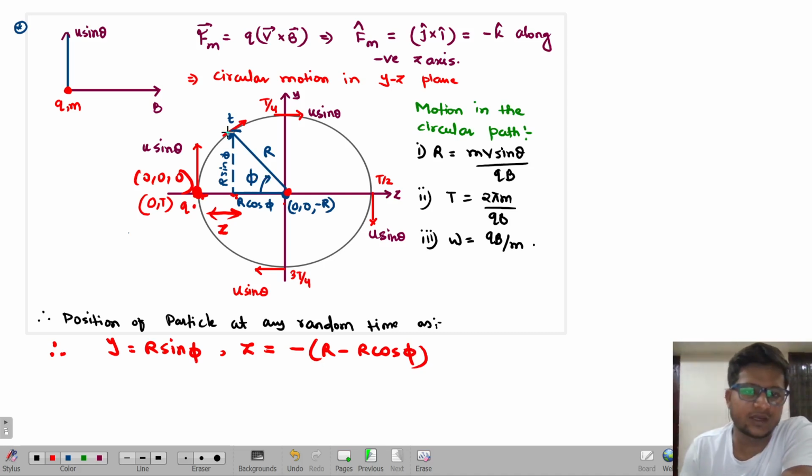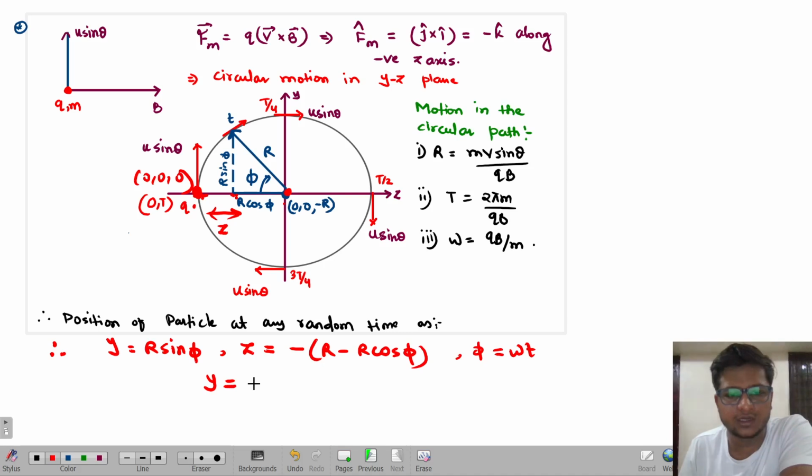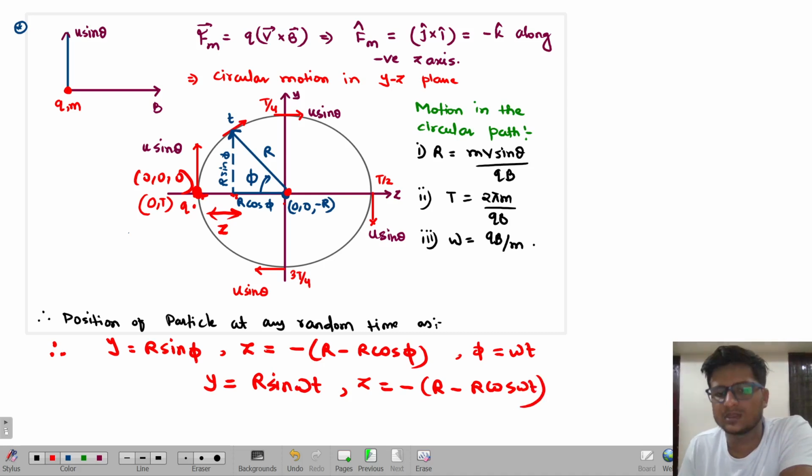And what is this phi? If it is rotating with angular velocity omega and time is t, so phi is omega t or not. So the y coordinate is r sine omega t and the z component is minus of r minus r cos omega t. That's the coordinate equation of the particle at any time t.